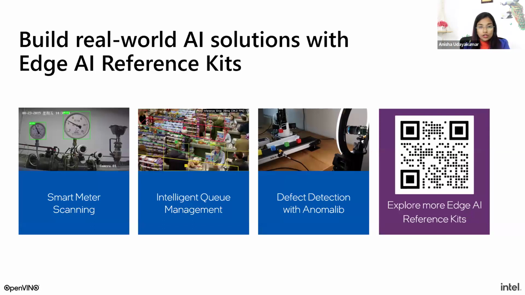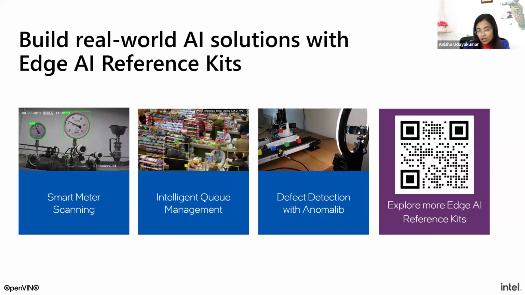There's also intelligent queue management, which is specific to the retail industry, which enhances the operational efficiency at the checkout counter. So it tries to count the number of customers in a checkout lane, and automatically you'll be able to tell if you need an additional till or counter, or close the extra counters that you have used.